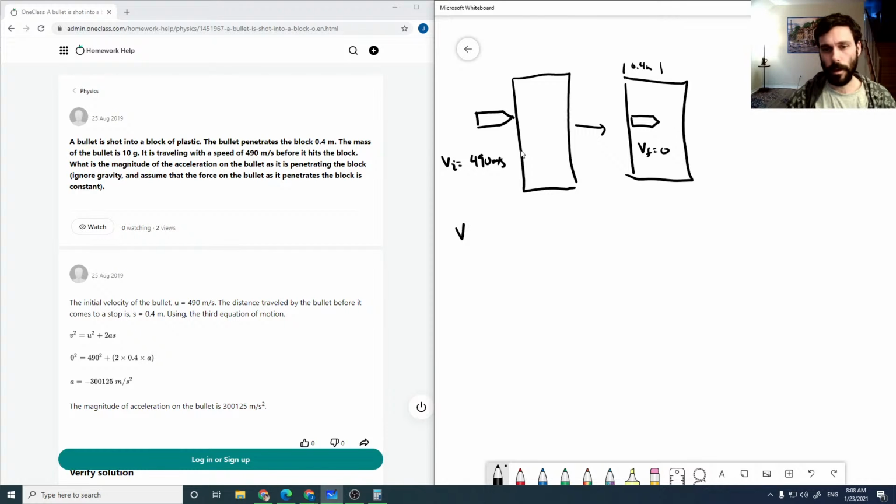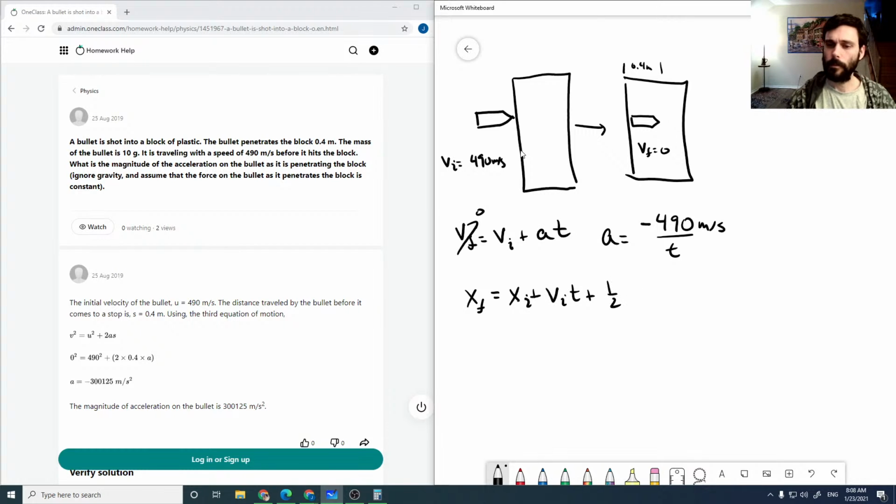So in this case, we've got VF equals VI plus AT. So our acceleration can be written as minus 490 over t meters per second, since our VF is 0. So we can write our acceleration that way, but we really only have a displacement. So our displacement can be written as this.